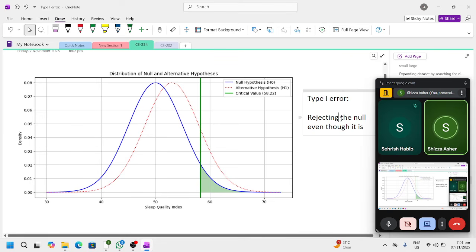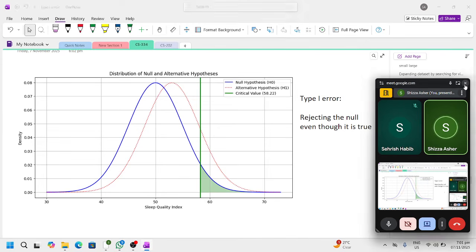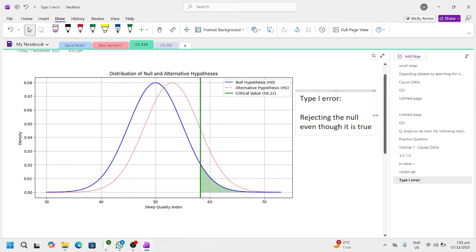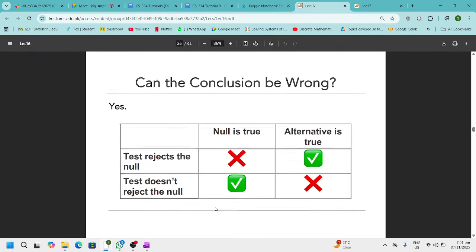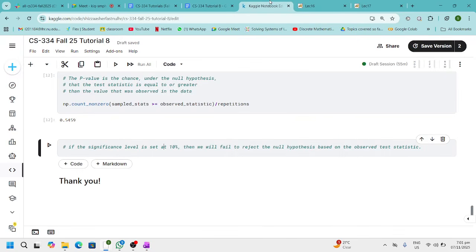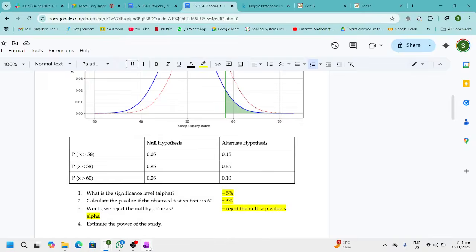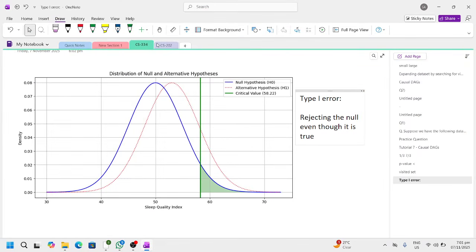Rejecting the null hypothesis even though it is true. Let's try to identify the area that represents a type 1 error. We can just do this over here. So you reject the null even though it is true.